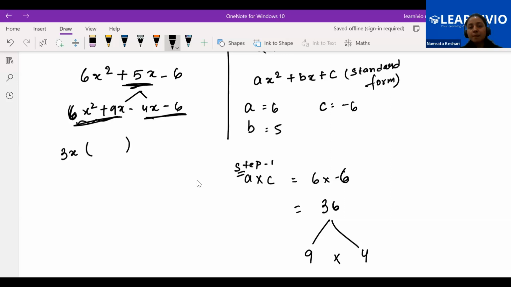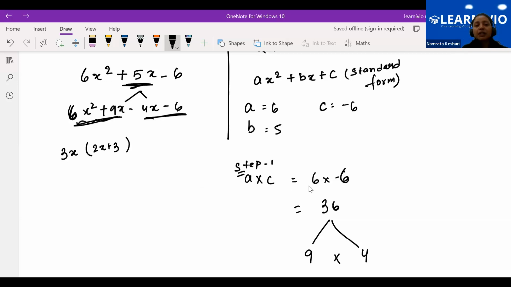Ma'am, 2x plus 3. Yes, Ayan, Farhan, what will be remaining? Whatever she said, are you agreeing with her? Yes, ma'am. 2x plus 3.